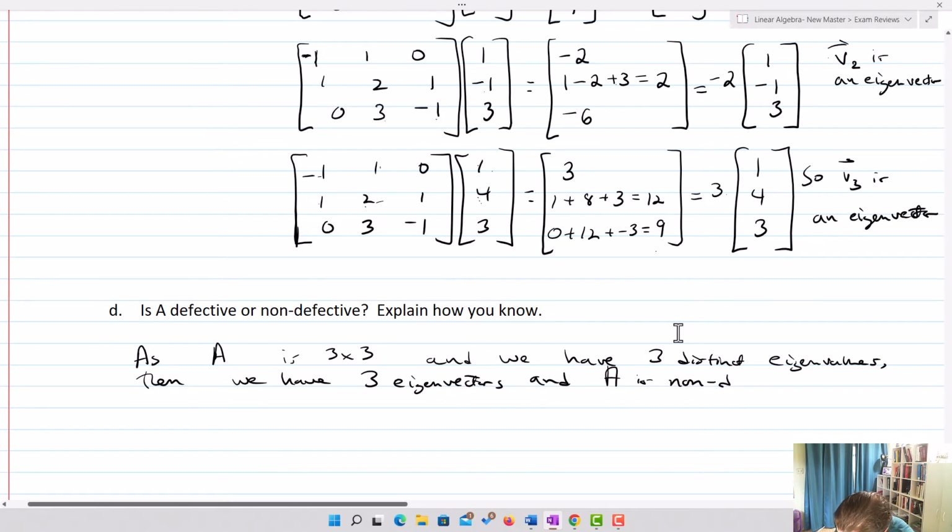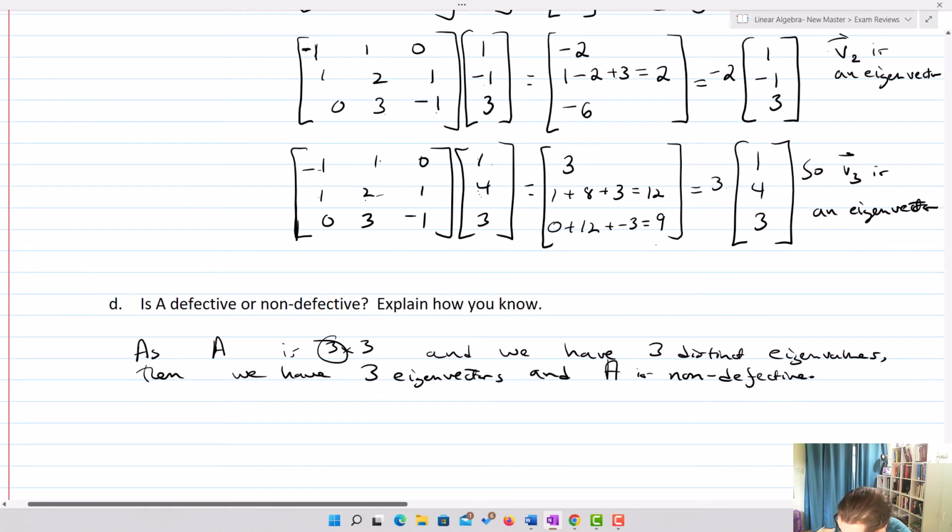Basically, the n here is equal to the number of eigenvectors that we have. And so consequently, A is non-defective.